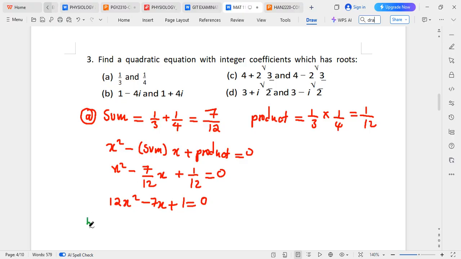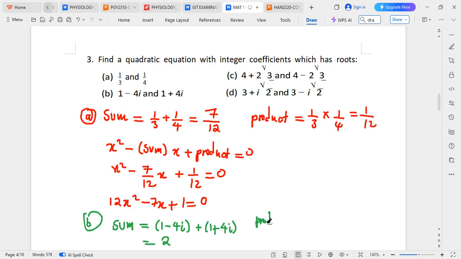Okay, so for B, the roots we have are 1 minus 4i and 1 plus 4i. So again, the sum of the roots is going to be 1 minus 4i plus 1 plus 4i, which is going to be, just add like terms, 1 plus 1, that's a 2. Negative 4i plus 4i, that's a 0. They'll cancel.